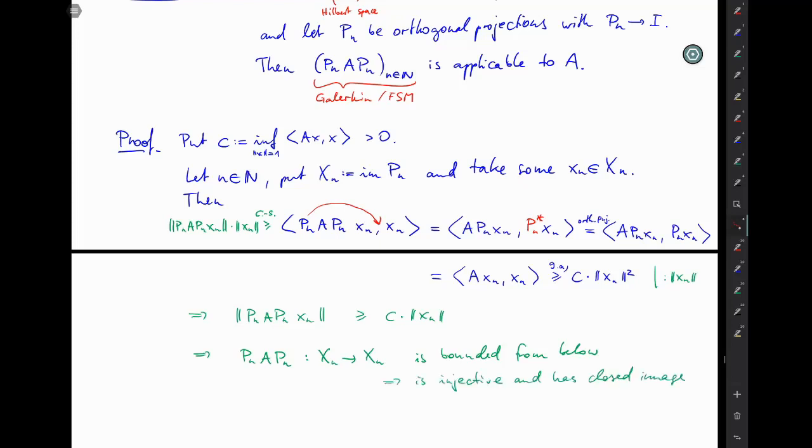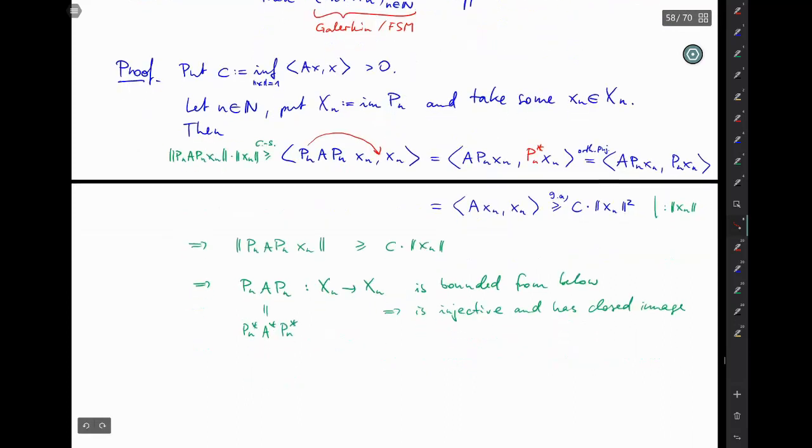But all the same is true for the adjoint, because A and Pn are self-adjoint, which makes this product here self-adjoint. So like in lemma 9, we can conclude that this is an invertible operator.